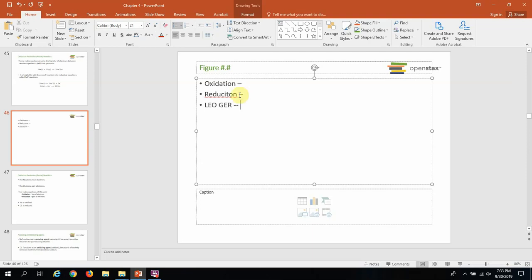This says loss of electrons is oxidation, and gain of electrons is reduction.